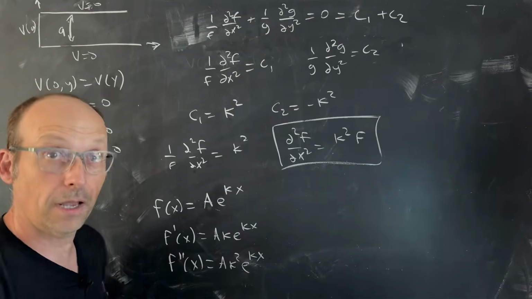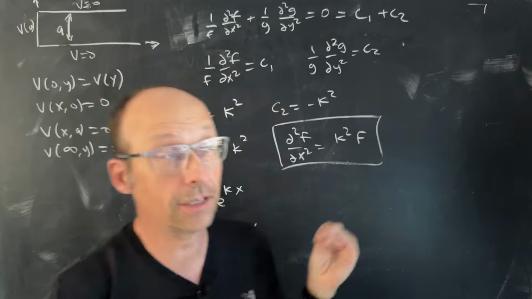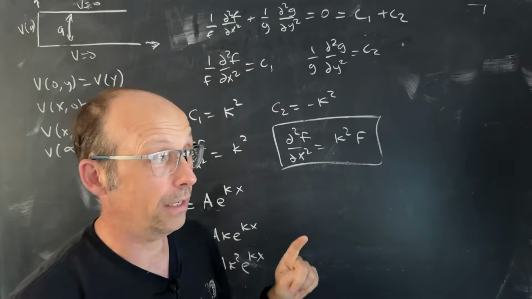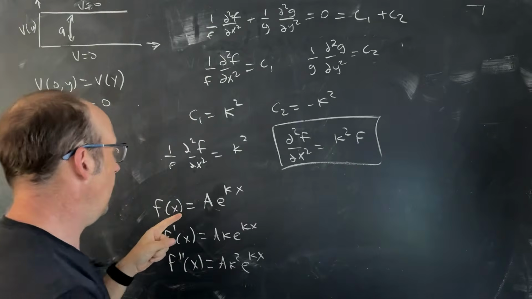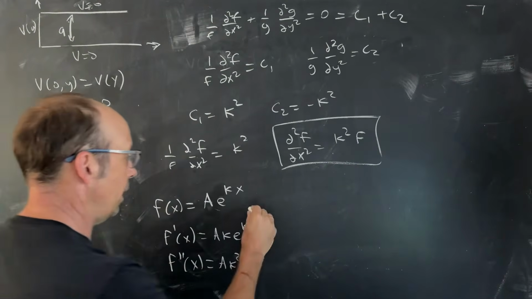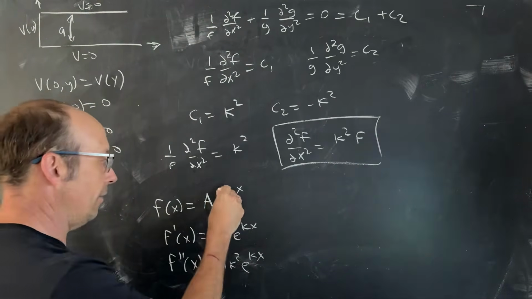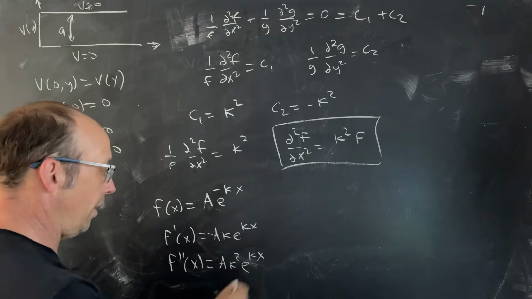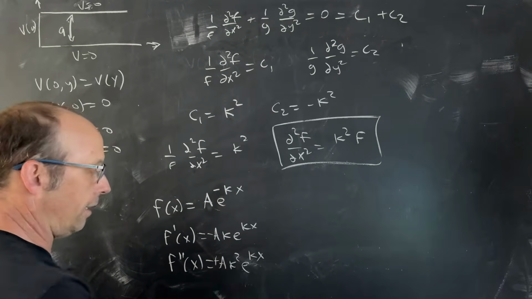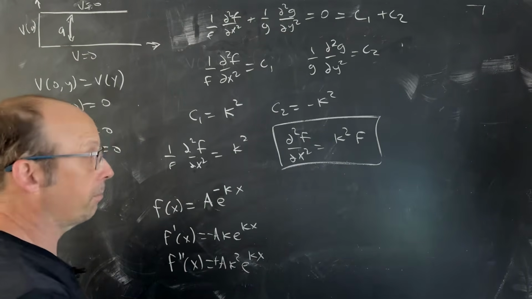That works. But wait, just like Yoda said, but wait, there is another. Or is that Ben? I can't remember. So I can also say, if I put negative k e to the negative kx, I'd get a negative here, but then I'd get a positive right here, and it would still work. So both of those work.